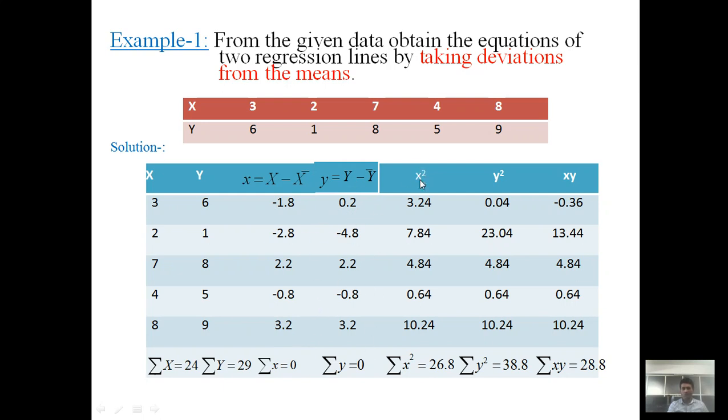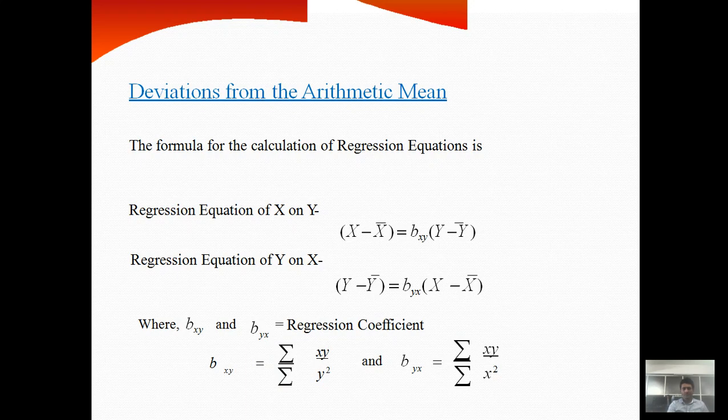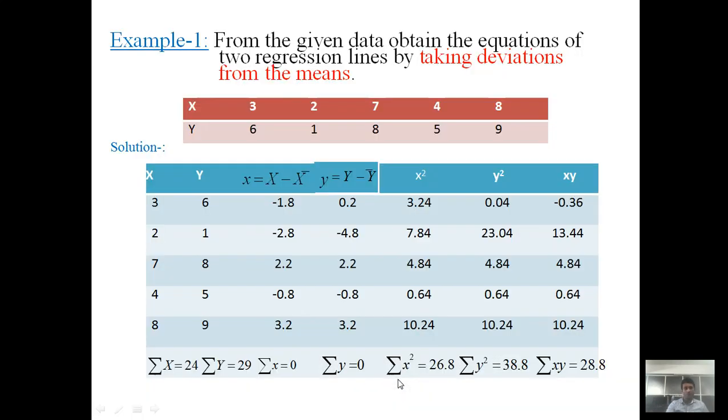Now the next column, as per the requirement of the formula of the regression line. Regression lines require x minus x bar, y minus y bar, sum of xy, sum of x square, sum of y square. So to obtain the equation of the regression line, we have to calculate all the unknowns.